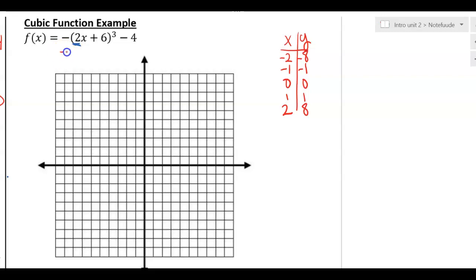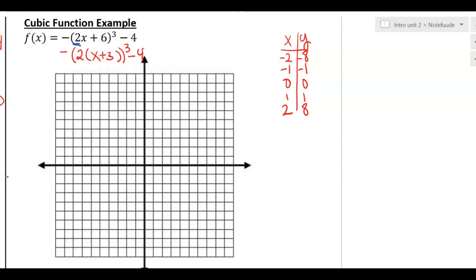So the first thing you guys should do is rewrite this function so that the x minus or plus a number is separate from that b value of 2. Is that okay with everybody? That we need to see a group that by itself is x minus h, not 2x minus h, not 8x minus h, or a third x minus h, something like this, okay?